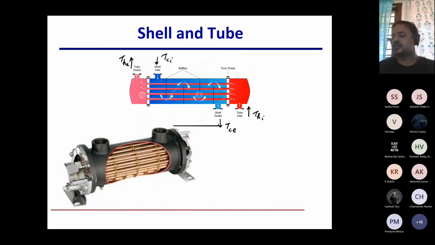So therefore, from the color also you can see it came in at a darker shade of blue and is leaving at a lighter shade of blue. So the temperature has increased. Okay.